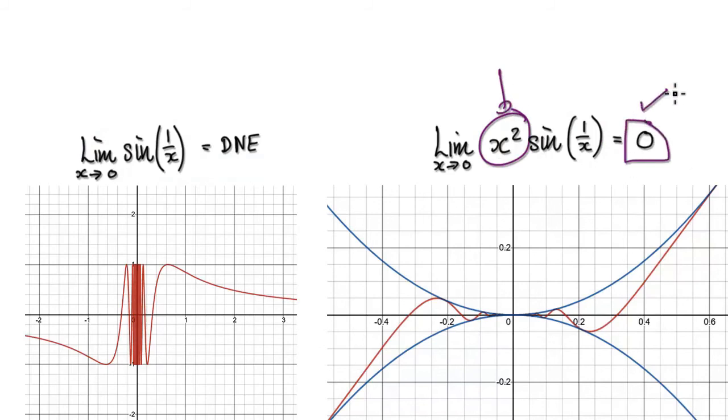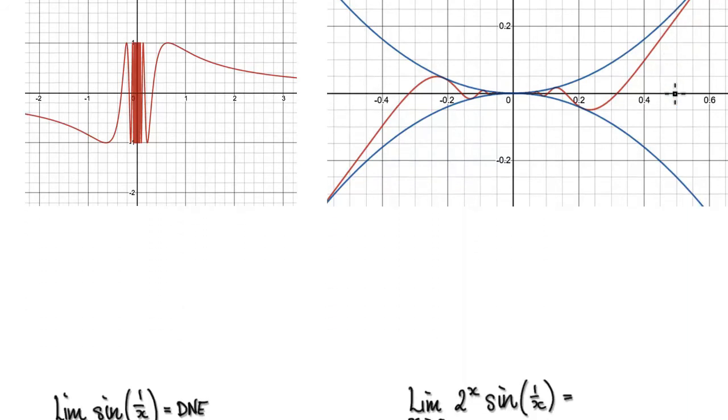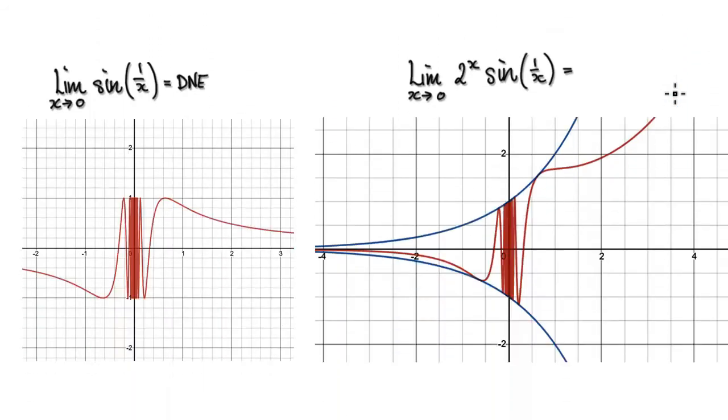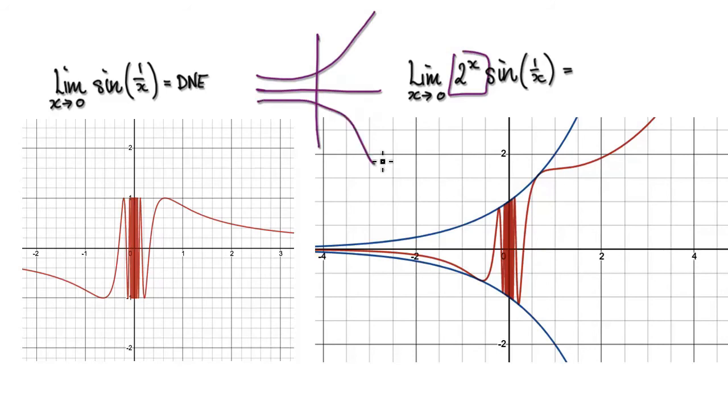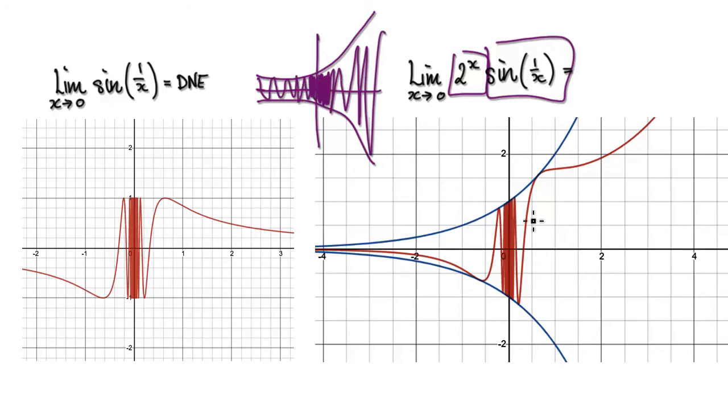And then down here, the same idea, but this time it's being encapsulated by 2 to the power of x. So 2 to the power of x looks like this. If you consider the negative version, it looks like this. Combine it with this, it will look like this, and then it will squiggle a lot as you head towards the origin. So around this region, as x heads towards 0, we can't say where it's going to head towards.